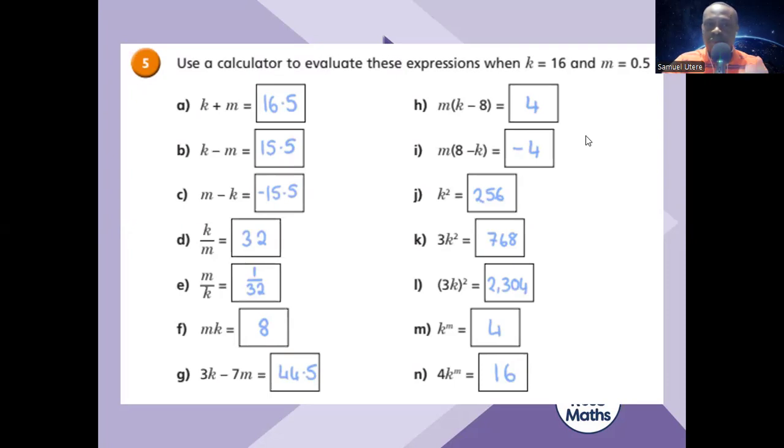Okay, we follow the same rule. So here, for example, this one, you substitute K to be 16 minus 0.5. Okay, so it's the same rule. You simply replace the letters with the numbers. Okay, all right, let's move on.